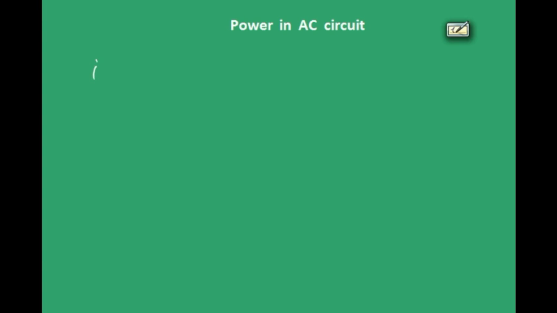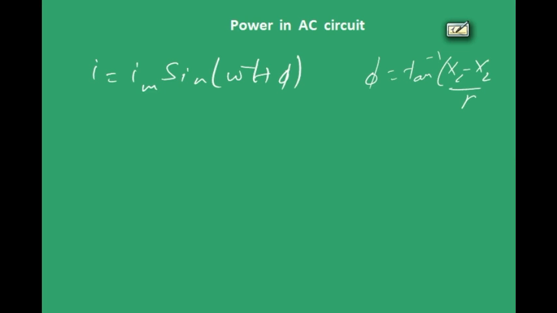From the above calculation, we have seen that I is given by Im sine omega t plus phi in an RLC circuit, where phi is given by tan inverse of XC minus XL by R. Hope this is fine. And what about power? Instantaneous power, as usual, is V into I, and I can write V as Vm sine omega t.